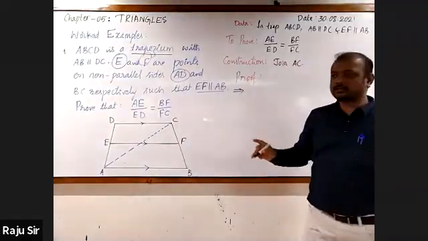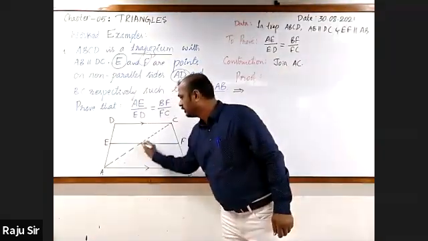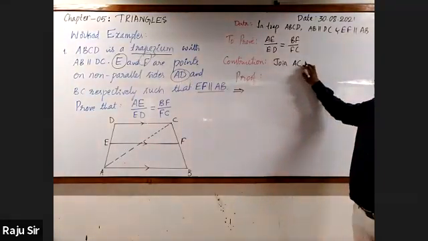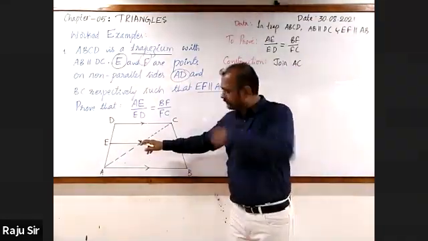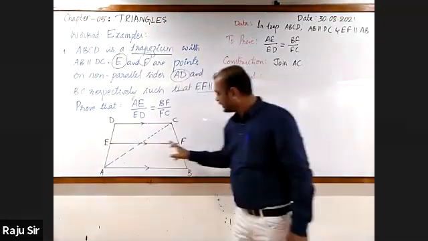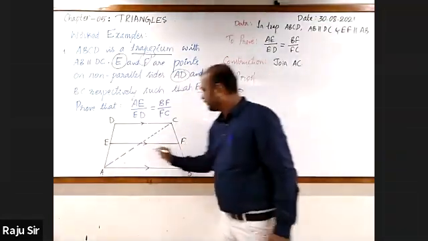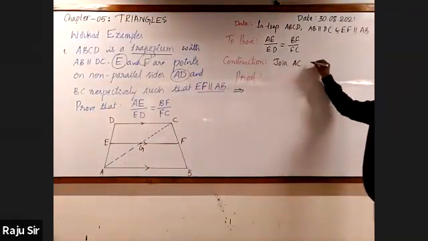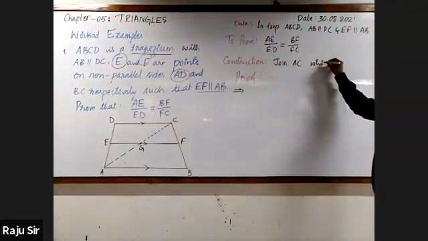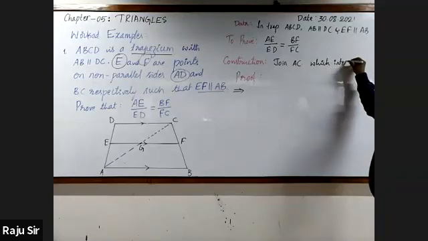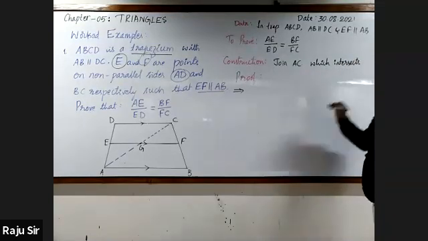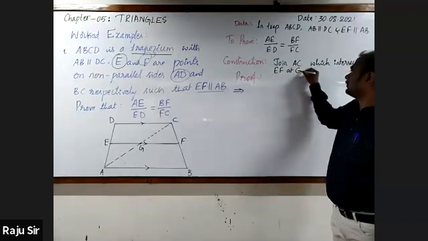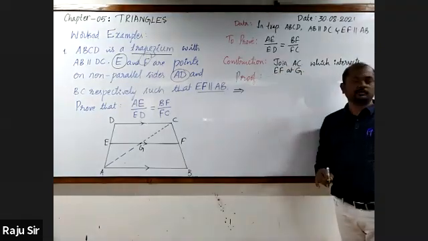First, we are going to take the triangle. Join AC, which intersects EF at G.